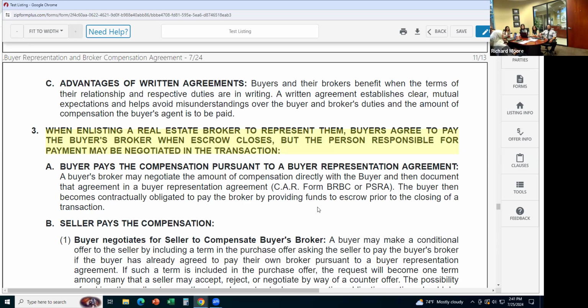With her example, if it appraised for $1 million but you offer $1,020,000, then the lender's going to say we only approved $1 million, you have to come in with the extra $20,000. So regardless, you still have to come in with that extra $20,000, even though the seller agrees to pay it.